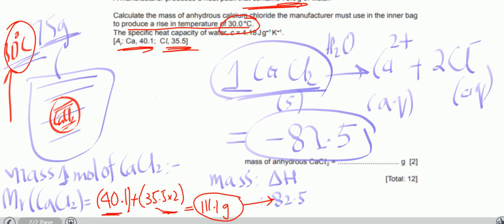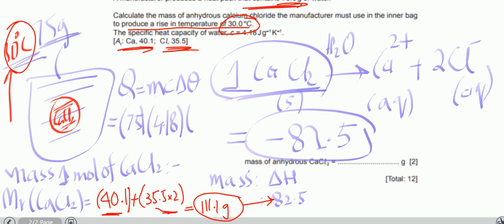So we're gonna go like Q is equal to mc delta theta, or we can have mc delta T. M is 75, the specific heat capacity value for water is 4.18, and our delta T, or delta theta, is 30 degrees. So we get 9405 joules.